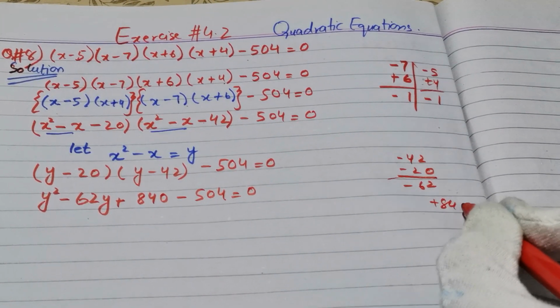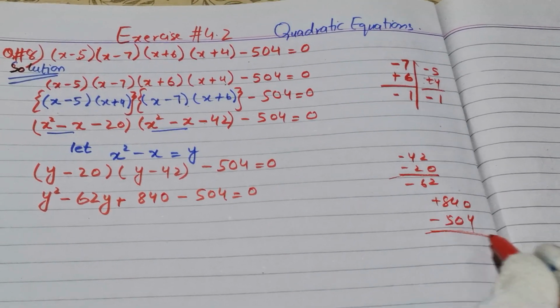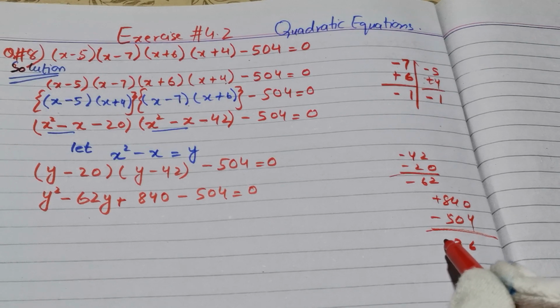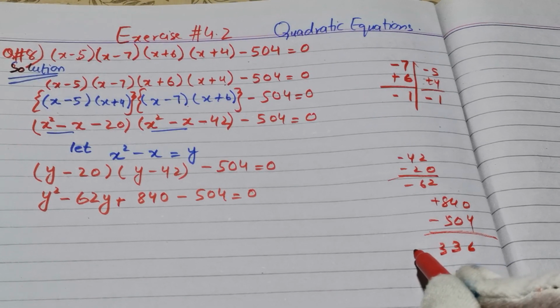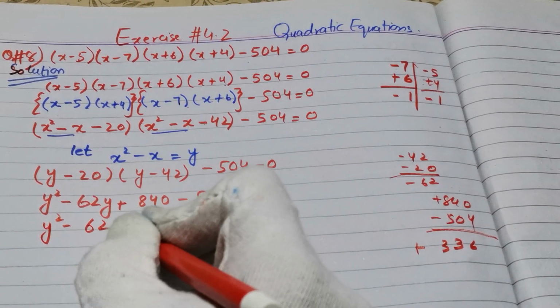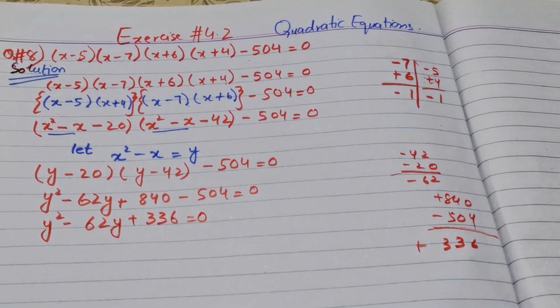Plus 840 minus 504, the sign gets a value. So y square minus 62y plus 336 equal to 0.